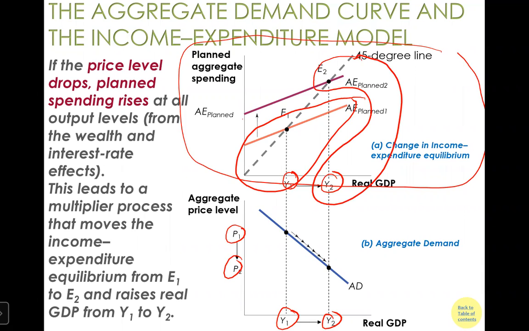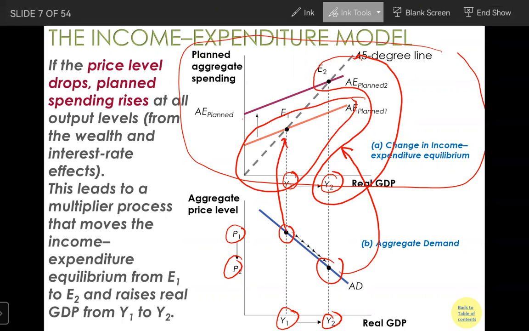Then we put them together, and you can see this one corresponds to this dot, and this one corresponds to this region, right?